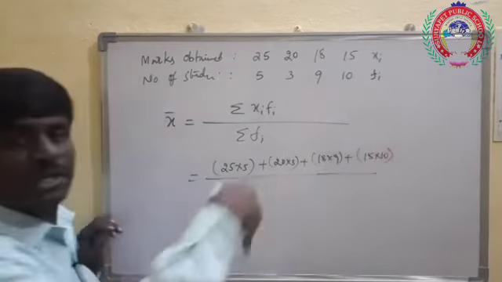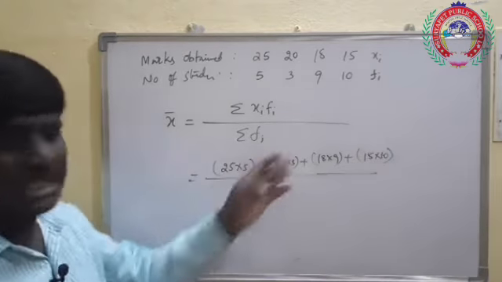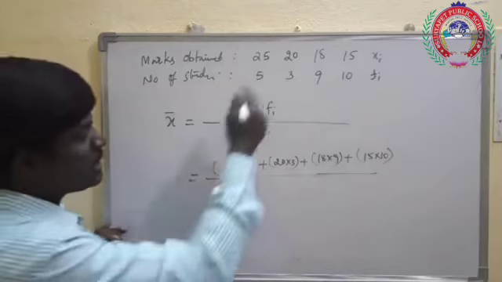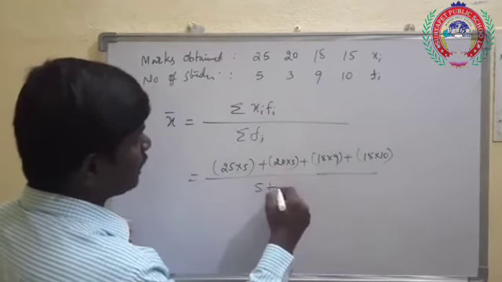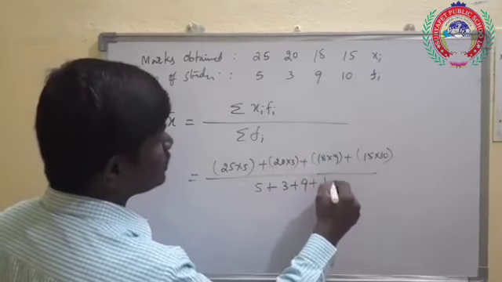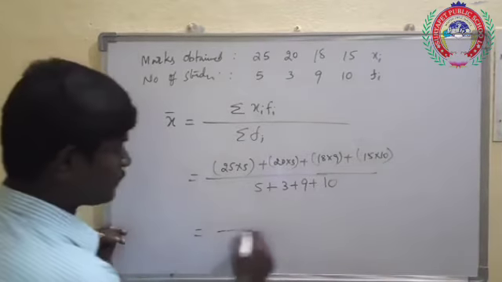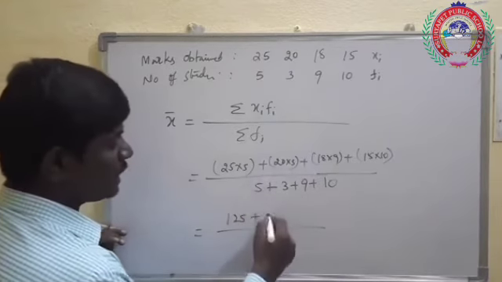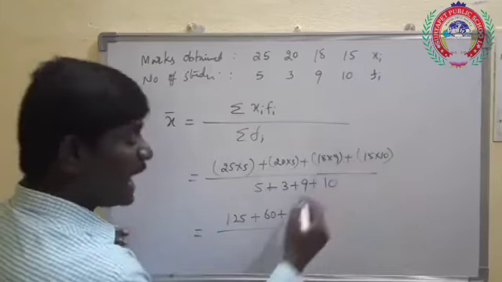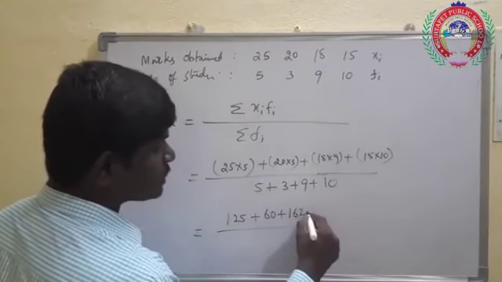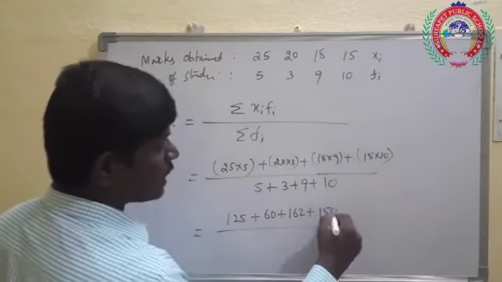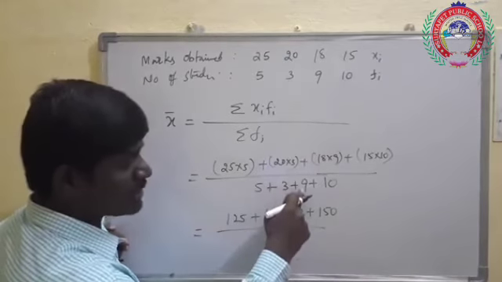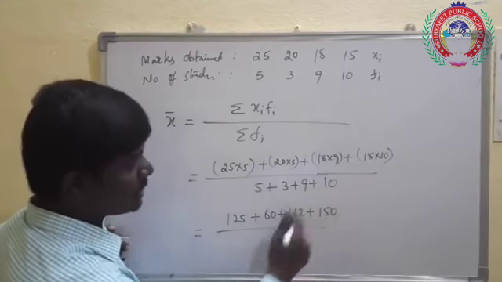So every observation is multiplied with its frequency, whole divided by sum of all frequencies, 5 plus 3 plus 9 plus 10. Now see. 25 5s 125 plus 20 3s 60 plus 18 9s 162 plus 15 10s 150, whole divided by 5 plus 3 is 8, 8 plus 9 is 17, 17 plus 10 is 27.